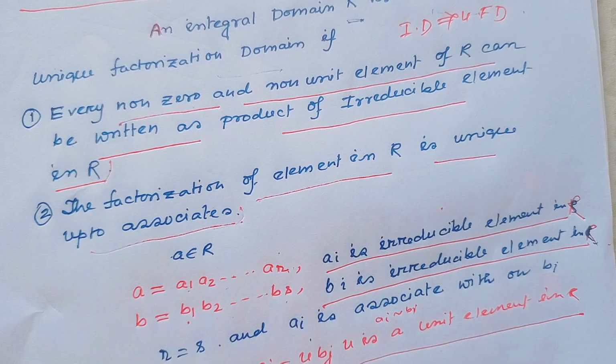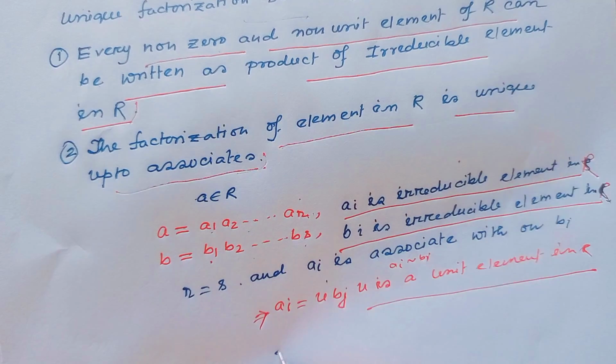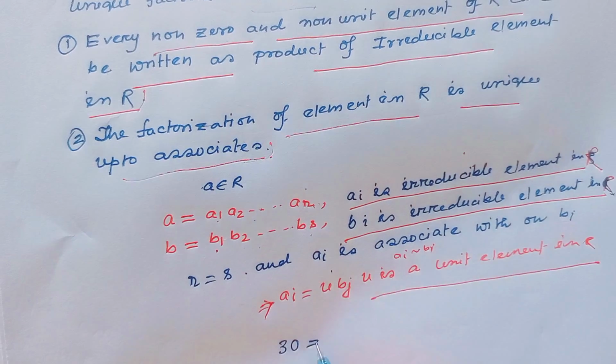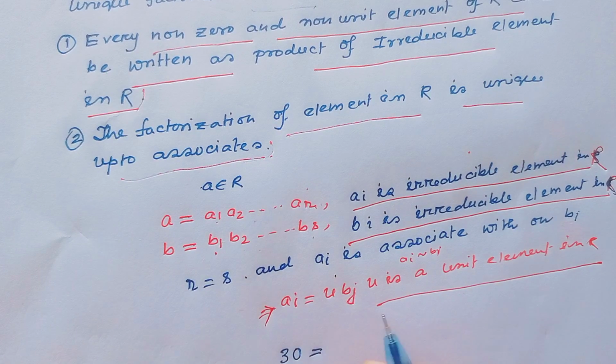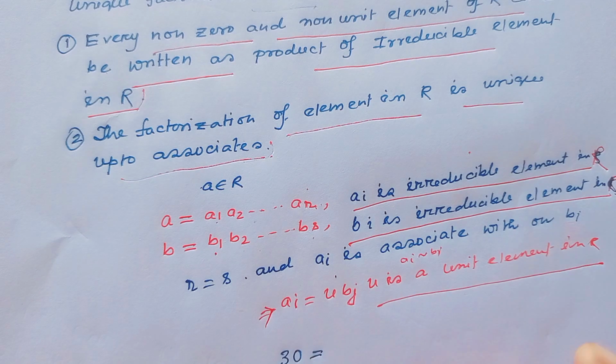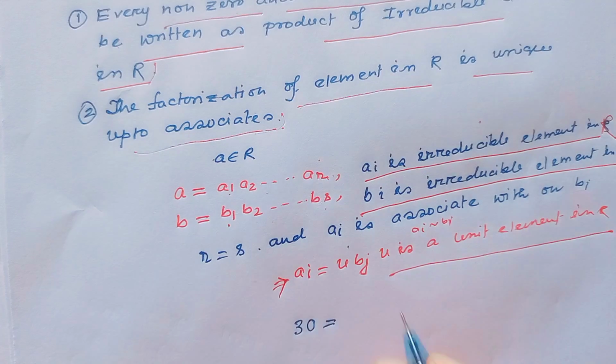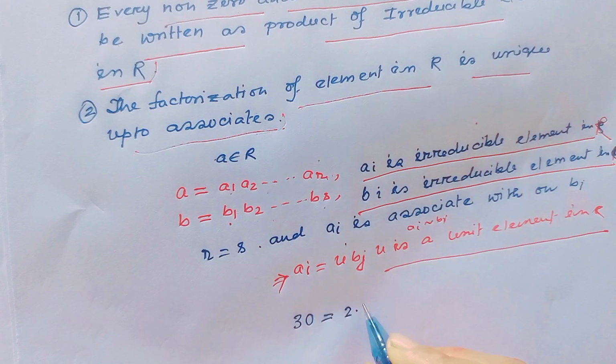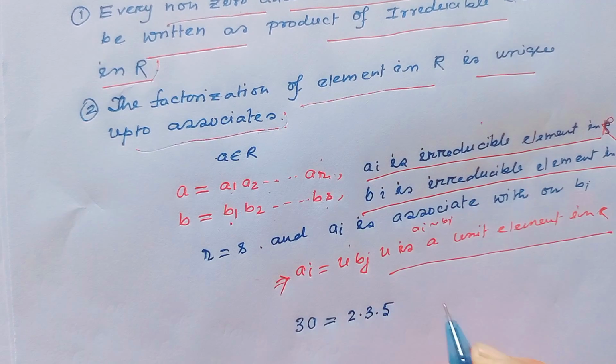As an example, consider in Z the element 30. In school I had seen that in integers every element can be written as a product of prime elements, and prime elements are always irreducible elements in Z. So 30 we can write as 2 times 3 times 5.